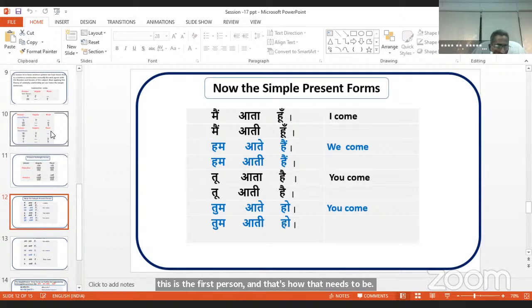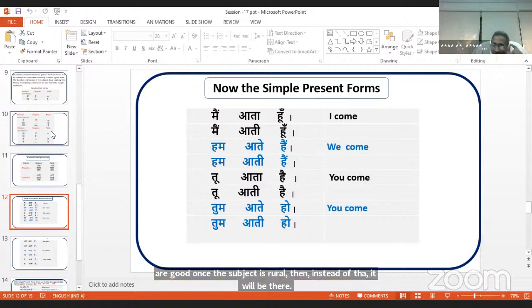Hum is plural and also has two genders, masculine and feminine. Whenever the subject is plural, then instead of ta it will be te, and in feminine it will be ti itself.